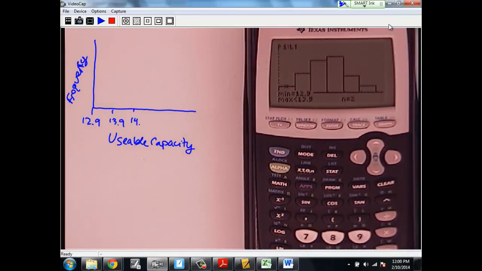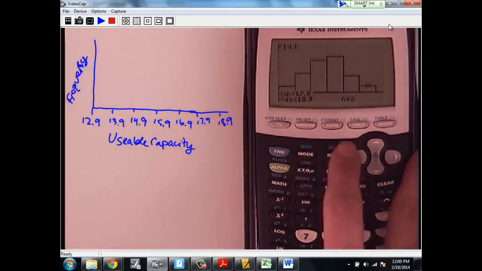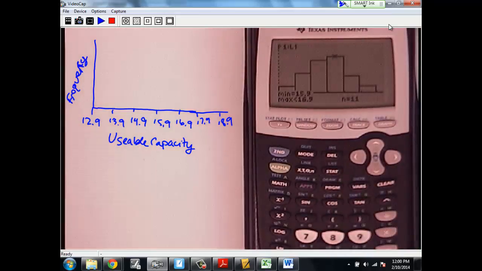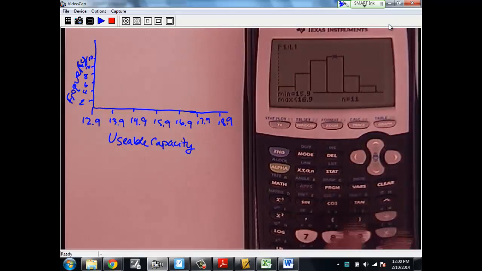13.9, 14.9. Make it on your paper. I don't remember how high we went. And what's my very max? How do I scale my y-axis? Up to 11. So if I go 2, 4, 6, 8, 10, 12.